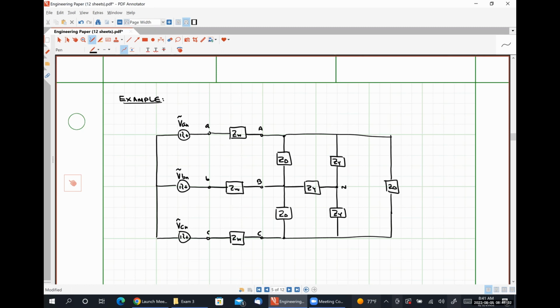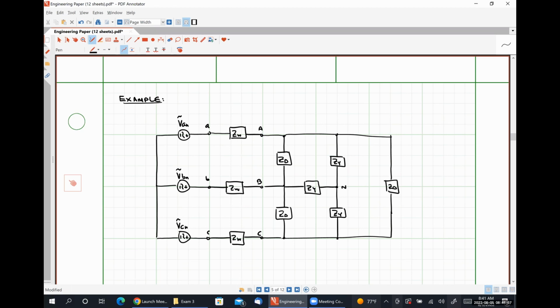So this is a delta connected load in parallel with a Y connected load, where our delta connected loads occur between A and B and C and A, and our Y connected portions are connected between A and N, B and N, and C and N. Okay.